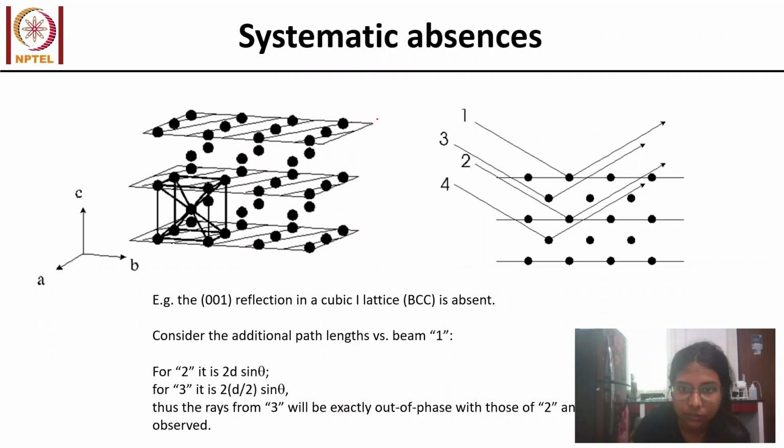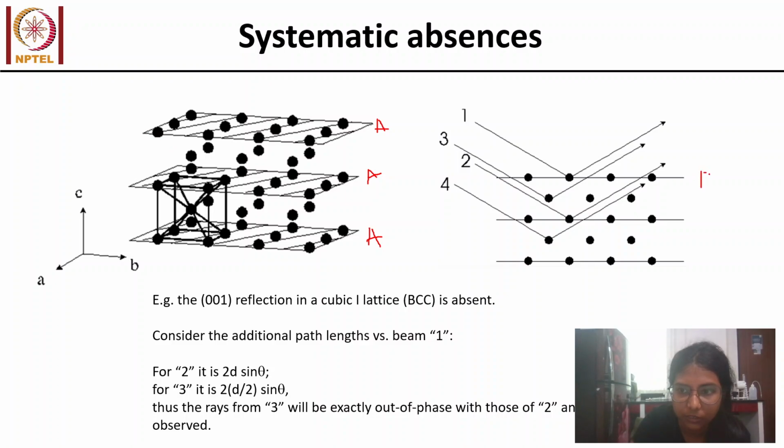So this is my A set of planes. If we are seeing it from this direction, this is my A direction. If we see completely parallel to the A direction, we will simply see a line like this, and we will see these spots like this.